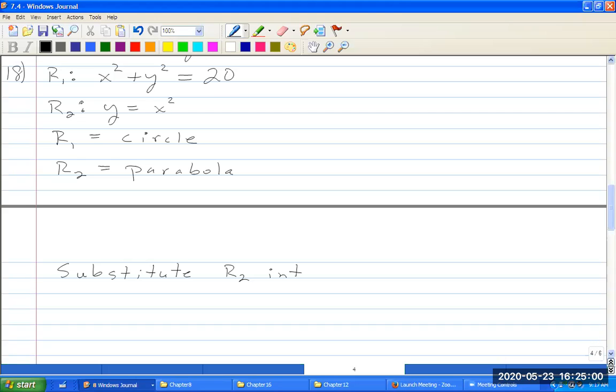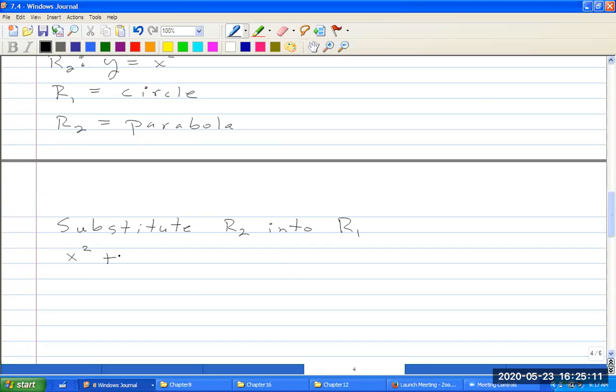So I have X squared plus Y squared equals 20. And so I have X to the fourth plus X squared, subtract 20 from both sides of my equation, minus 20 equals 0. So let's try to factor this if possible.